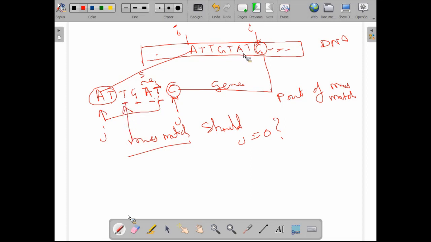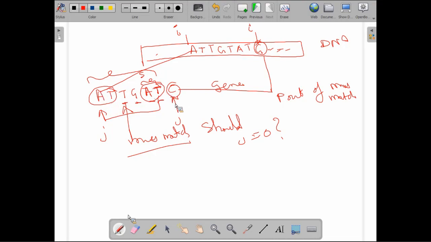Because you see, this is already matched and this is also the prefix here. This is the suffix of the matched portion. This is the complete matched portion so far, and the suffix of the matched portion is what? AT, which is also in the prefix.